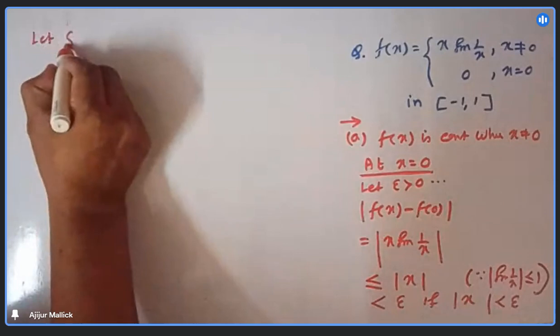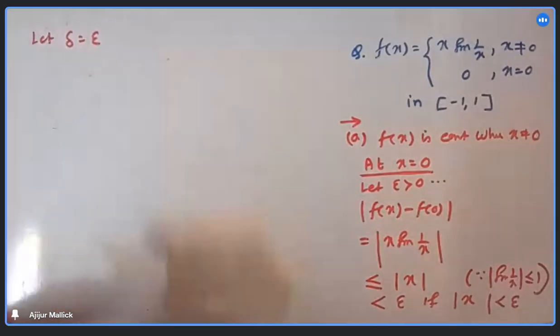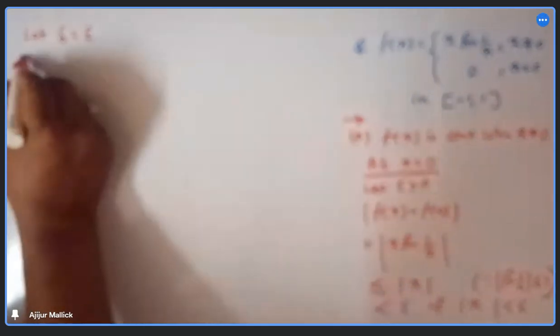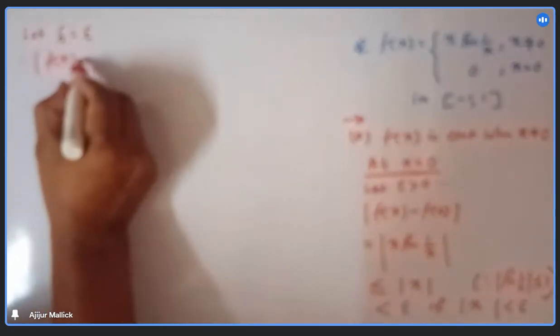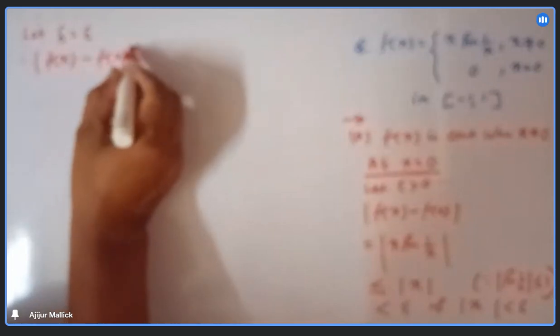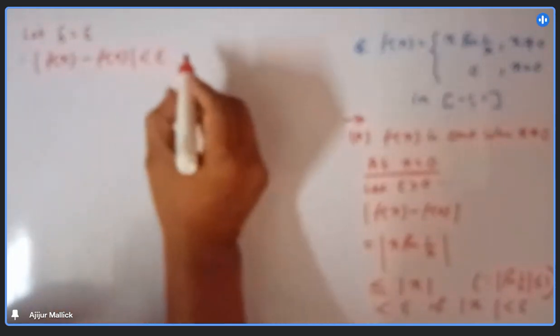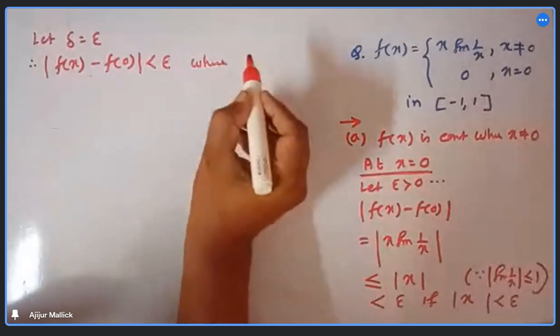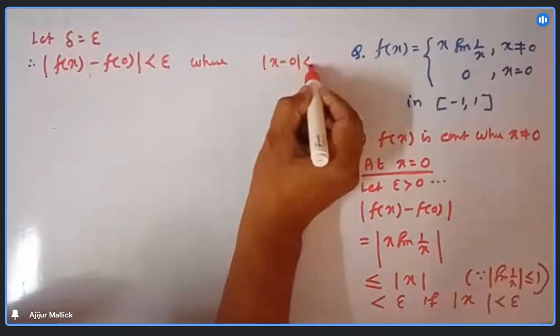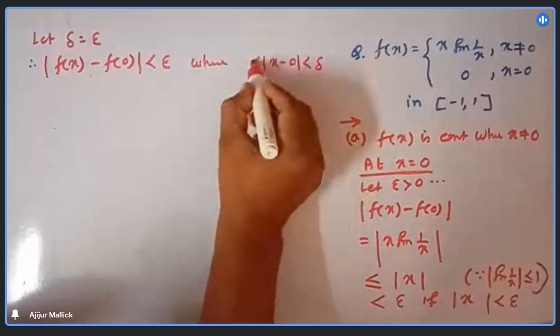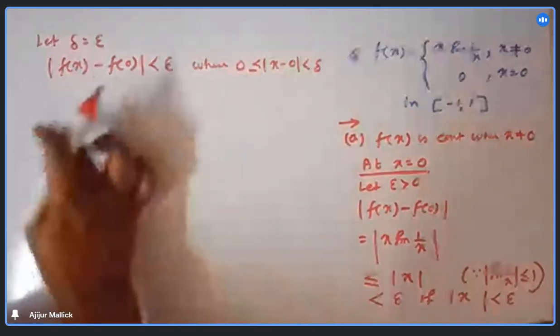Let delta be equal to epsilon. Therefore, modulus of f(x) minus f(0) is less than epsilon whenever mod of x minus 0 is less than delta, which is greater than 0.